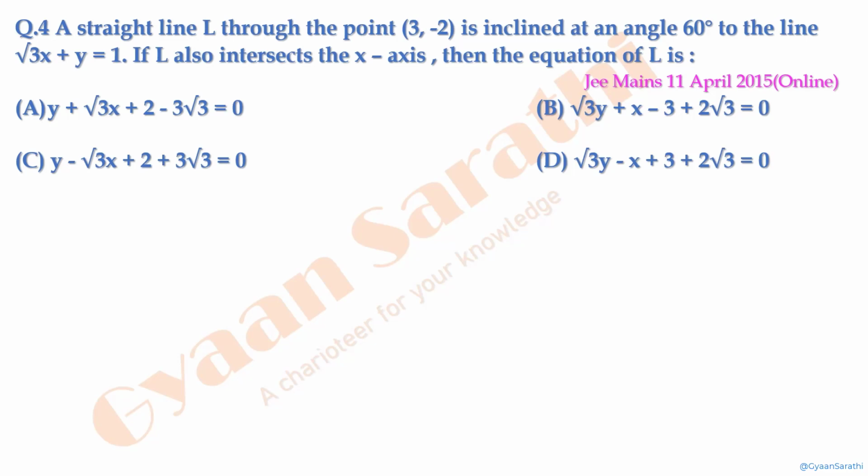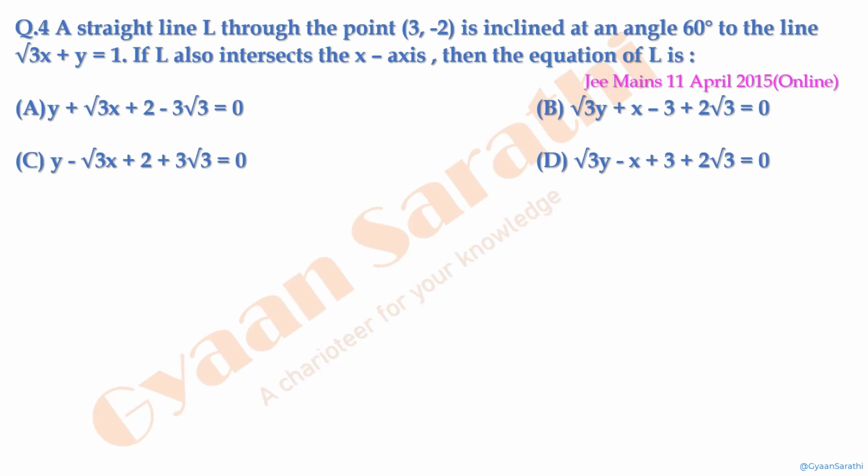So now we have a question from JEE Mains 11th April 2015 online exam. It is saying that a straight line L through the point 3 comma minus 2 is inclined at an angle of 60 degree to the line root 3x plus y is equal to 1.